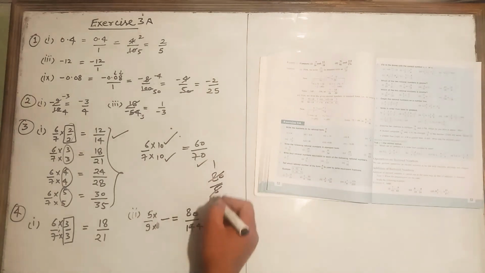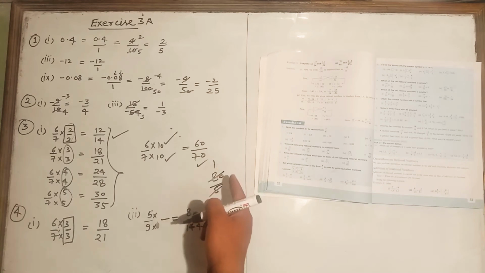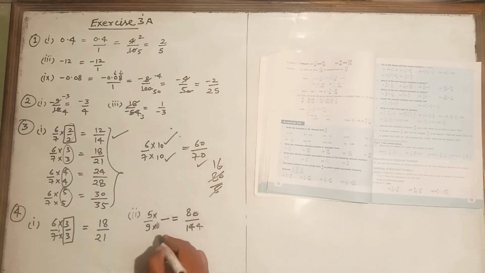We will get the result 16, 5 sixteens are 80, and here 16 nines you can check, it will be 144. So our fraction will be 16 upon 16. Like this we can solve these questions.